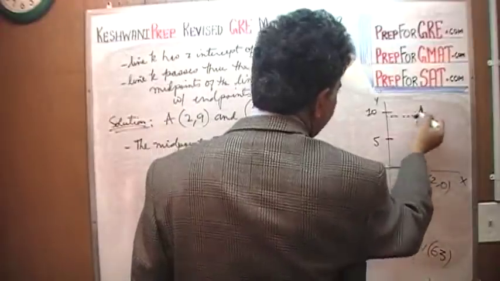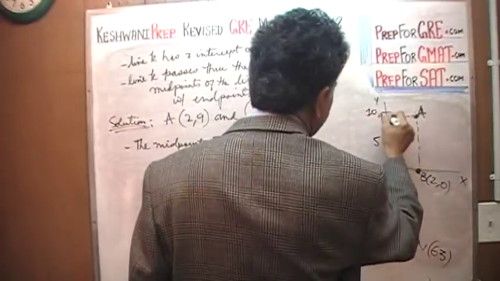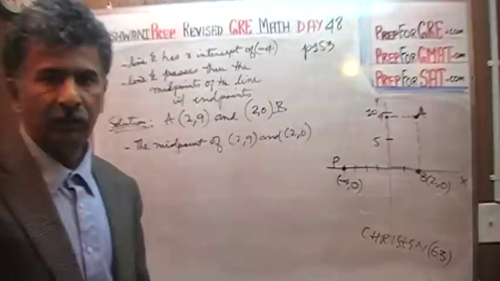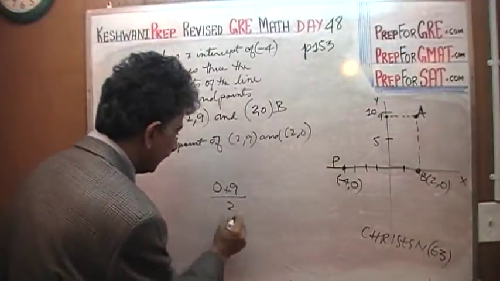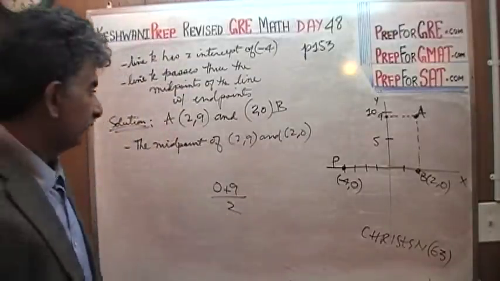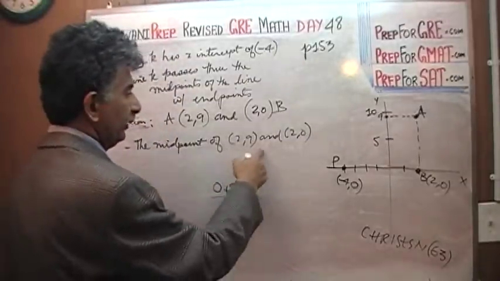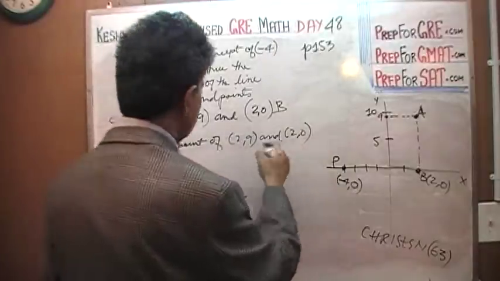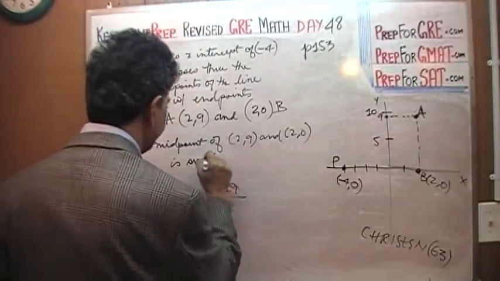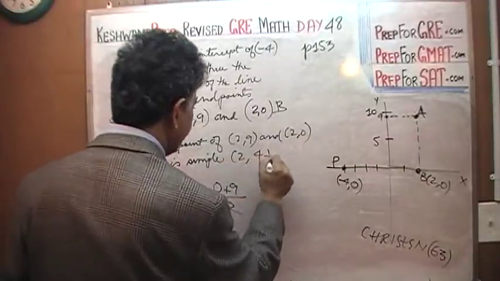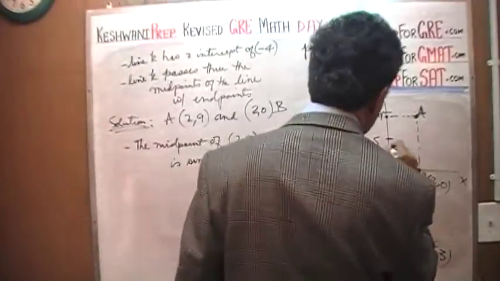This is 0, this is 9 right here. So what's the middle of 0 and 9? If you take 0 and 9, divide by 2, that's your midpoint. That's 4.5. The midpoint is 2 and 4.5. Right here, 4.5.